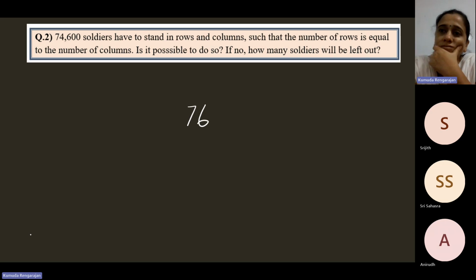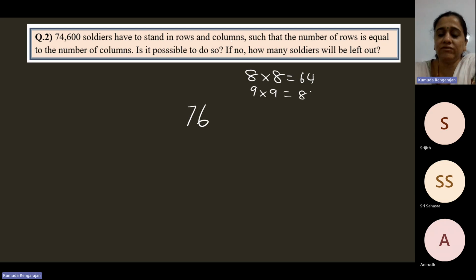And how many in? 64 in and 12 out, because 8 8s are 64. 9 9s are 81. So 76 is between the square numbers 64 and 81.